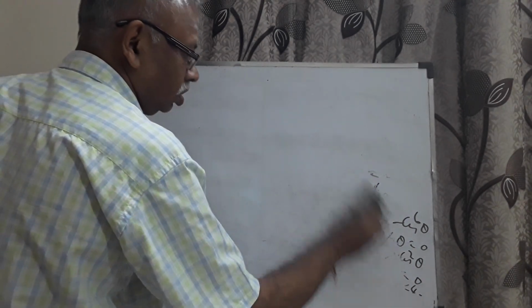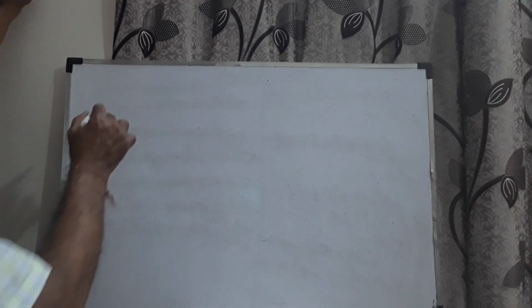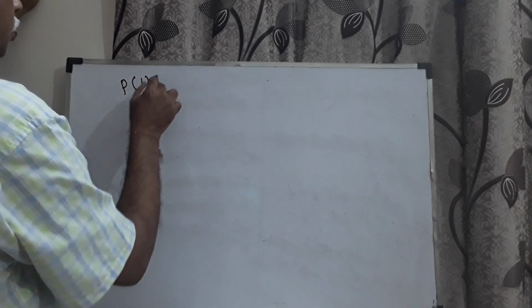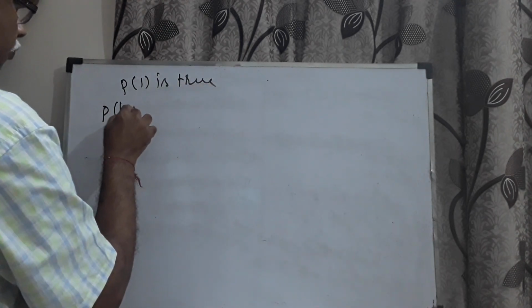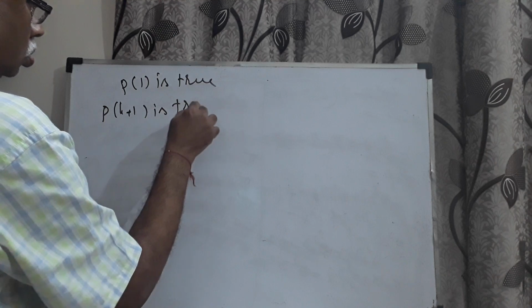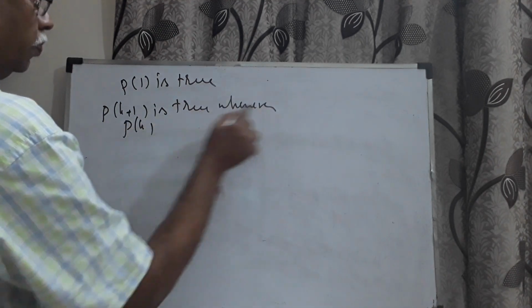If a mathematical proposition P of n is given in terms of n, to prove that it is true for every natural number n, what I will do is, I will prove P of 1 is true. And I will prove P of k plus 1 is true whenever P of k is true.